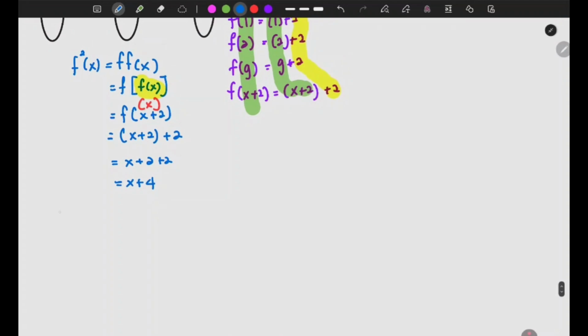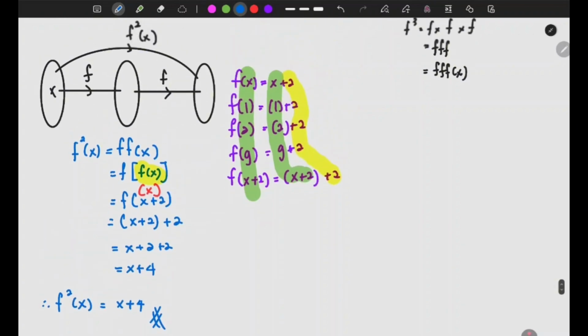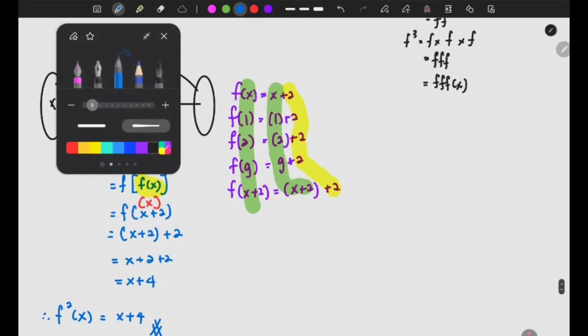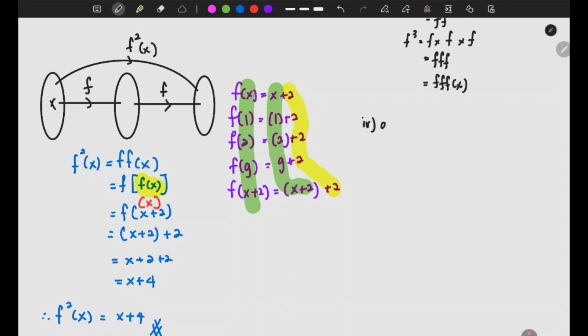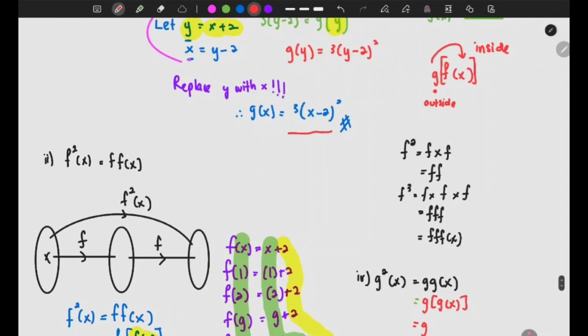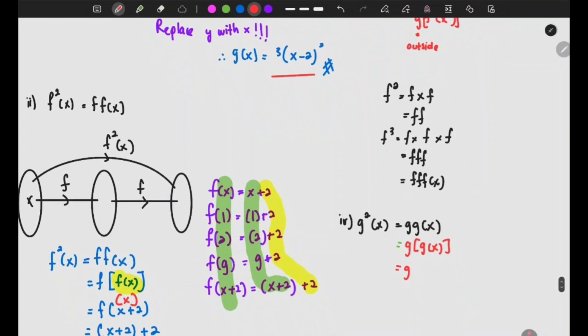Now let's do g squared. It's the same method. Trust me, it's not so difficult. g squared, I also can write it as gg(x). And then next step, expand them. So write g bracket g(x). And then my g(x) is what we found just now, (3x minus 2) squared, isn't it? Key in (3x minus 2) squared.